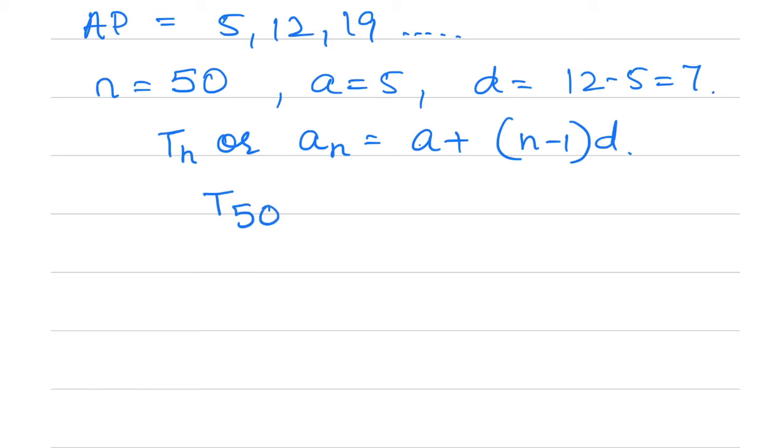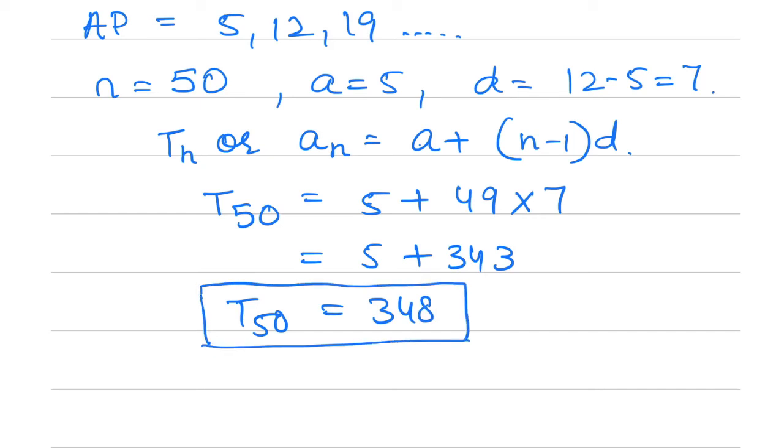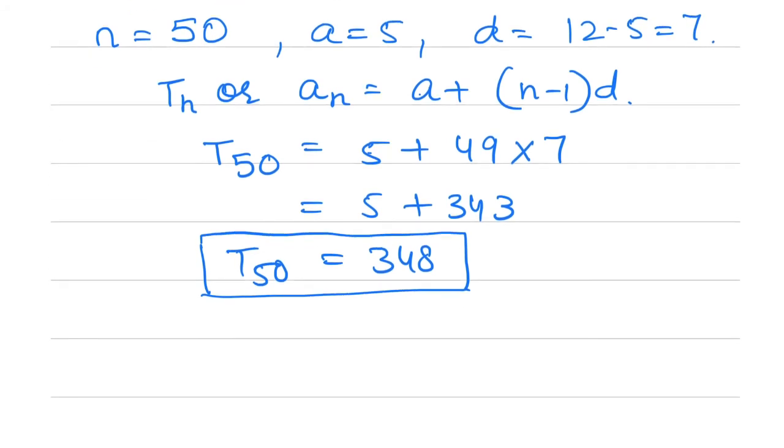And we have to find the last term. The 50th term is equal to a is 5 plus 49, n minus 1, into 7. So this is 5 plus 343. So we are getting T50 as 348. Now we have to find the sum of last 15 terms.